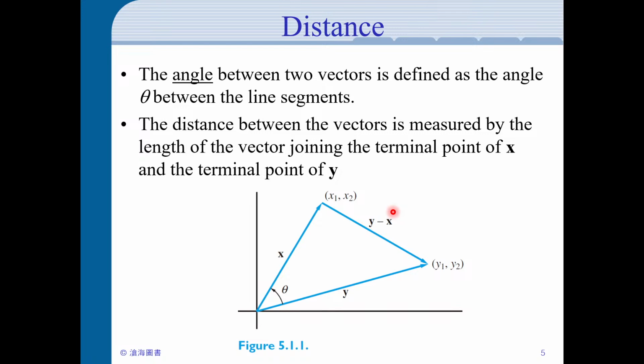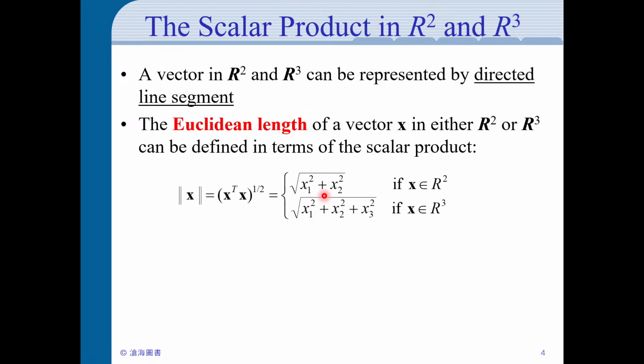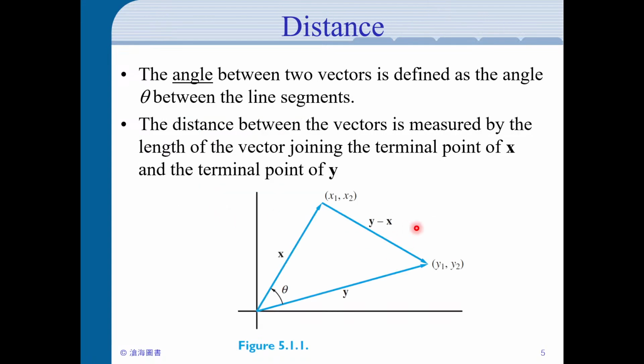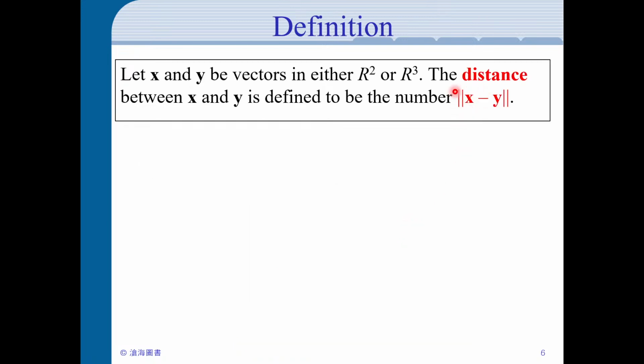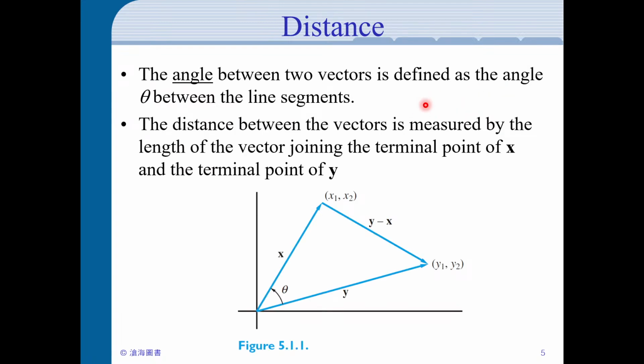Then we can take the length of this, which can be written as the square root of an inner product. Since x minus y is the same as y minus x up to sign, the length of y minus x is the same as the length of x minus y.